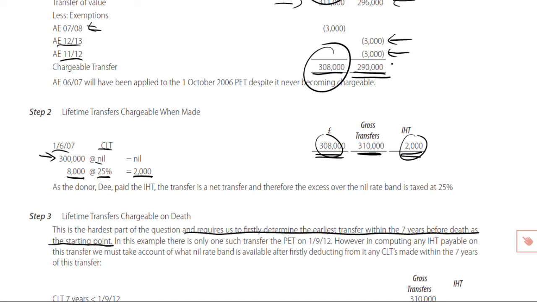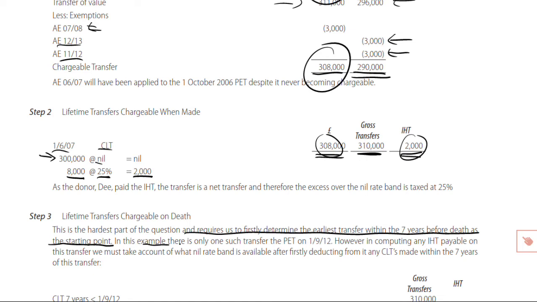And if, of course, nothing had ever happened before that date, or only PETs had been made before that date, then none of that would be relevant on death, and that 290,000 would be fully taxed at the nil rate band. It would be all within the nil rate band. But this is where the plot thickens in terms of the problem.